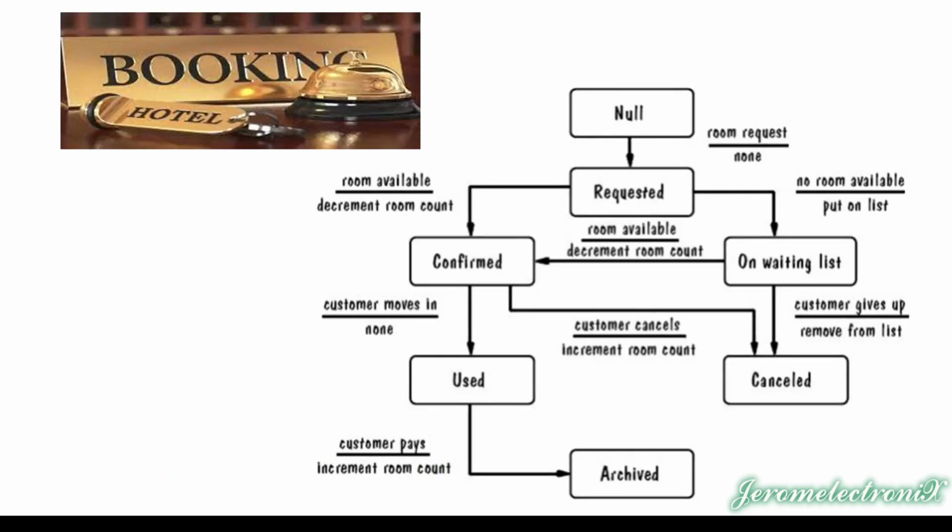This is another state machine that is used to book hotel rooms so that computers can do it, so people don't have to do it. That's kind of the theme of the age of automation that we are currently in the infancy of, and also the age of artificial intelligence, which is just starting at this time.